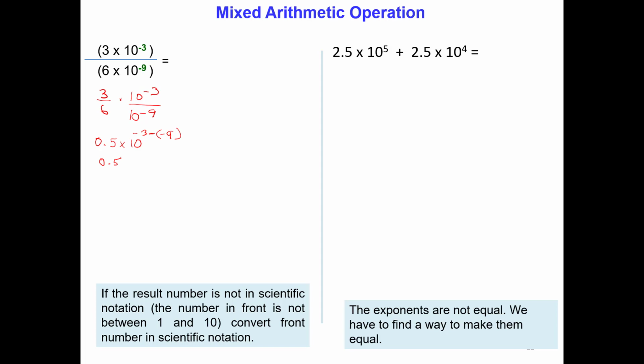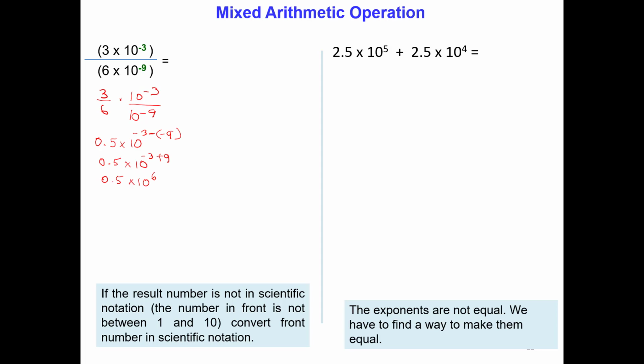Then it will be 10 to the power minus 3 plus 9. Yes, negative times negative is positive. And here we had 0.5 times 10 to the power minus 3 plus 9, which is 6.